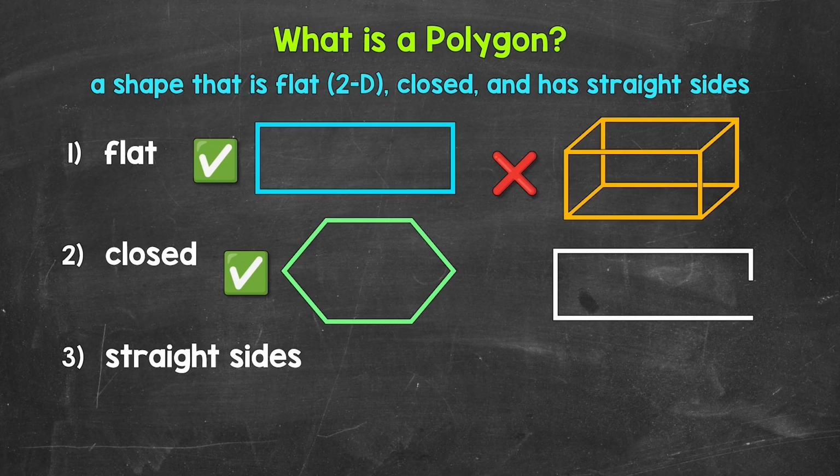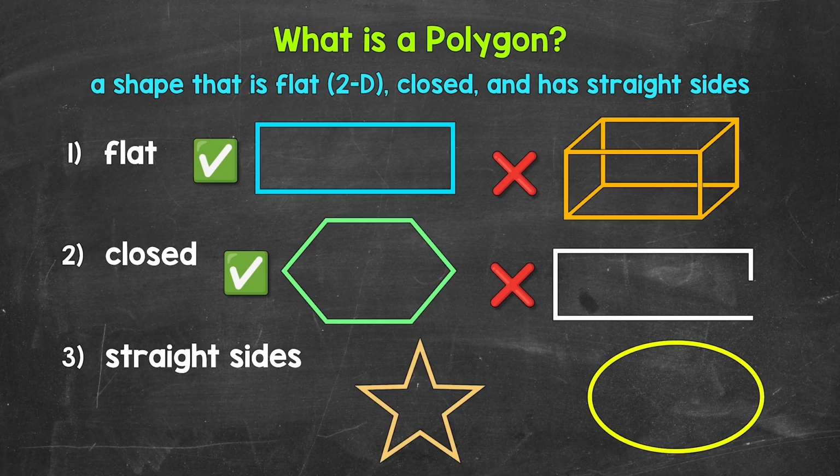Then we have what looks to be almost a rectangle, but this shape is not closed. There's a gap. There's an opening. So this is not a polygon. It does not follow the closed rule. So polygons are closed. Now let's move on to straight sides and take a look at two more shapes.